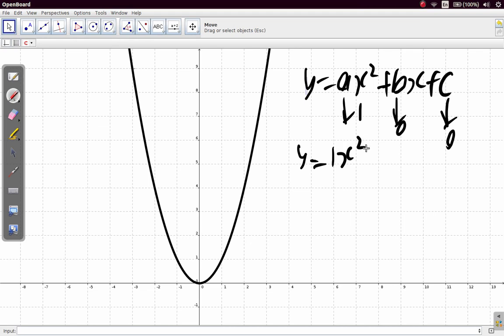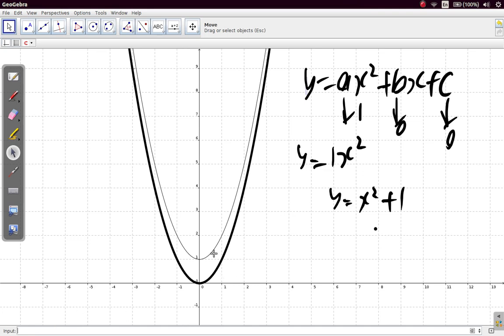Suppose we consider the curve y equals x squared plus 1. What would happen? Let's draw it separately. y equals x to the power of 2 plus 1.